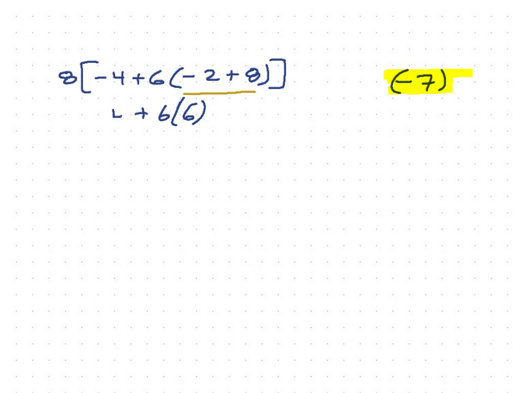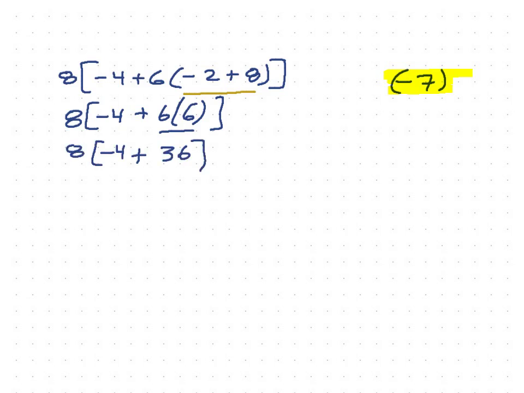And you've got this minus 4 to deal with and the 8 in the front. So within this square bracket, you still have to do the multiplication next. 6 times 6 is going to give you 36. And 36 is grouped together with a minus 4.